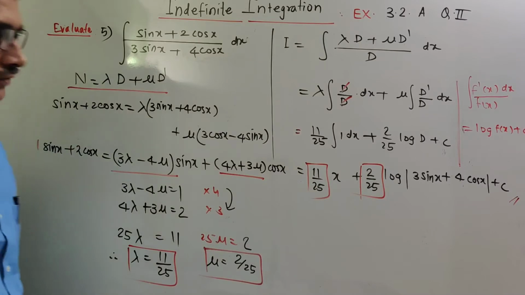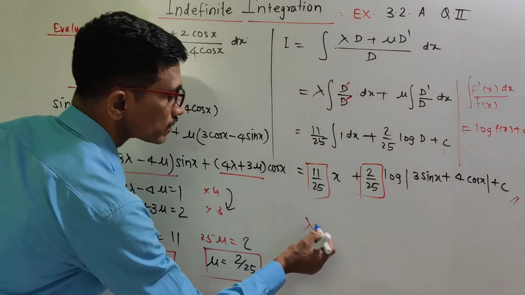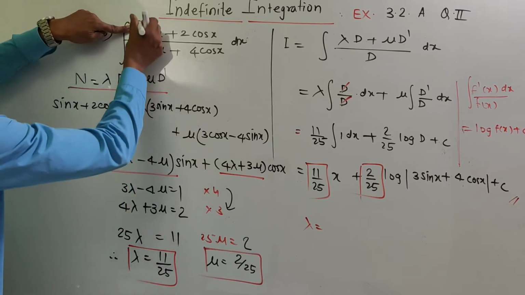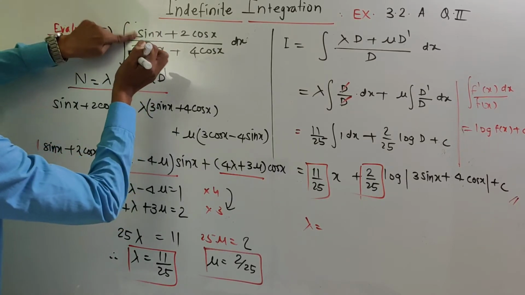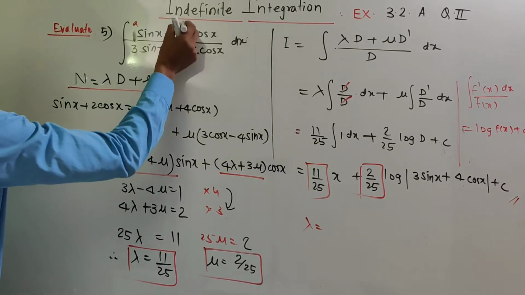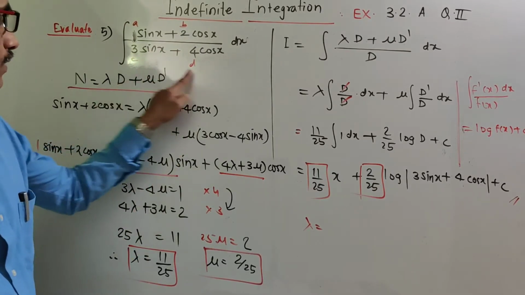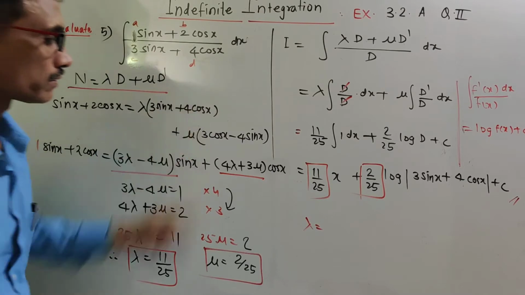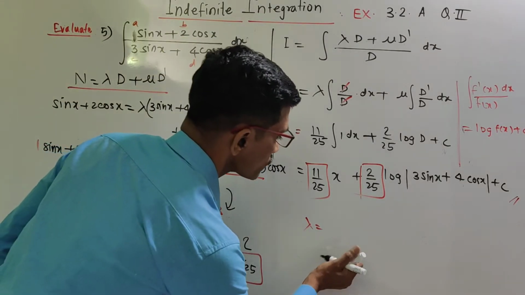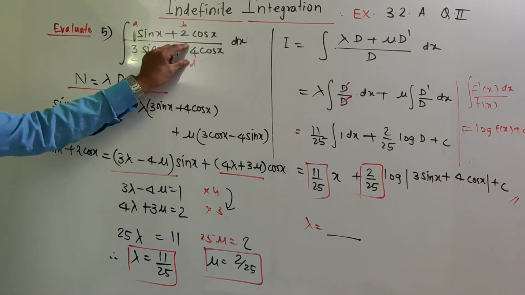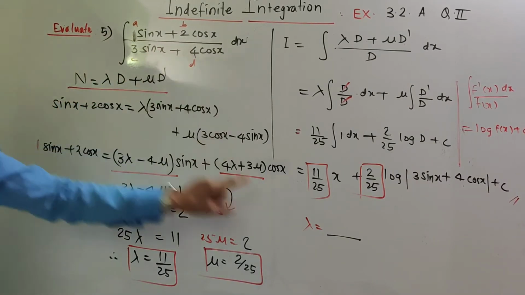Lambda you can find using this: this is a, this is b, this is c and this is d. We want c square plus d square in the denominator, that is 9 plus 16, 25, is our denominator.